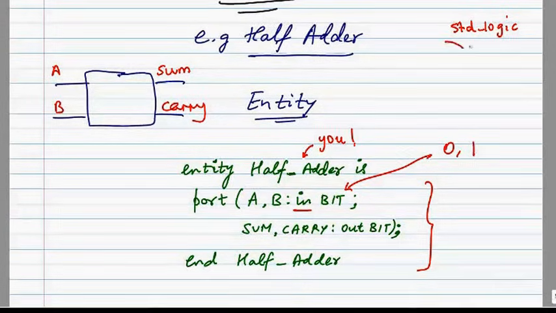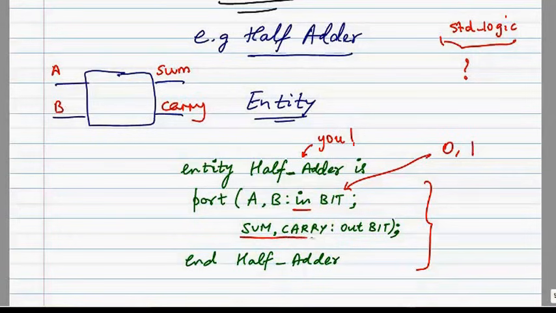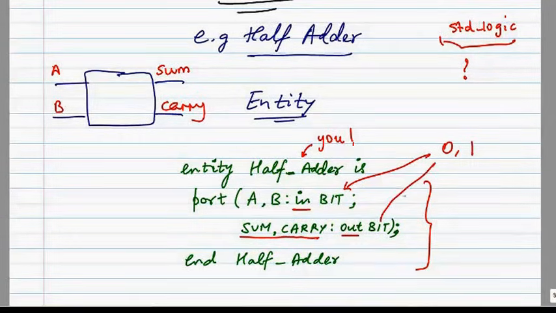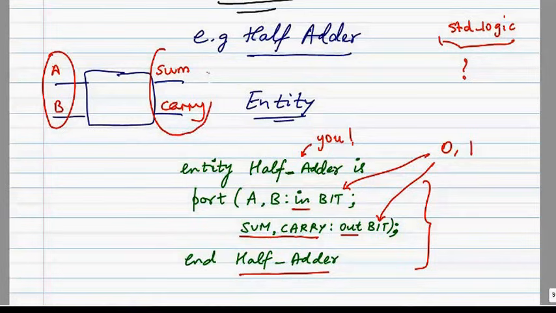We will see in a future lecture that the standard logic type can take more values, but for now just understand that the bit data type can take the values 0 or 1. Similarly, the outputs sum and carry are of the type out, of the data type bit. Again, end the user defined term half_adder. So as we know again, the entity helps me specify only the ports of the design.